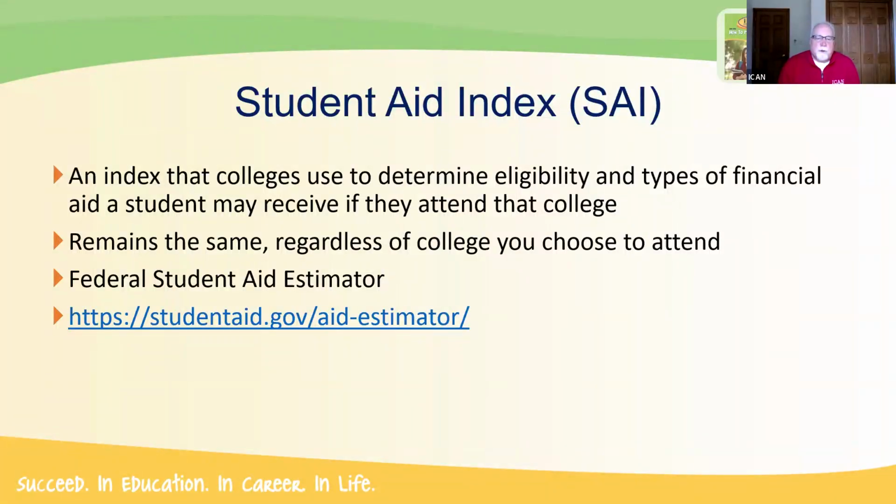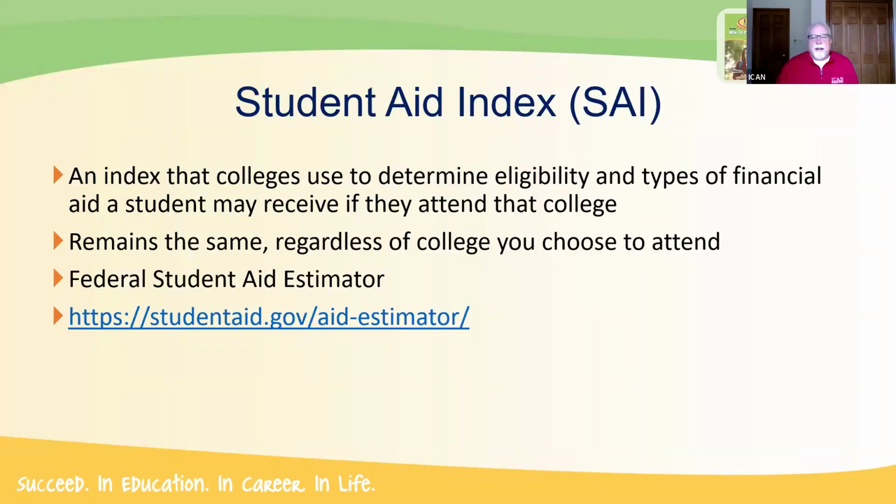This number is a dollar amount. What I tell families is it's probably an amount they don't all agree with, but it's a dollar amount that the Department of Ed thinks your family should be able to contribute towards a year of education. Now, that doesn't mean that's what you have to pay. It's just a number used in determining the student's eligibility for financial aid.